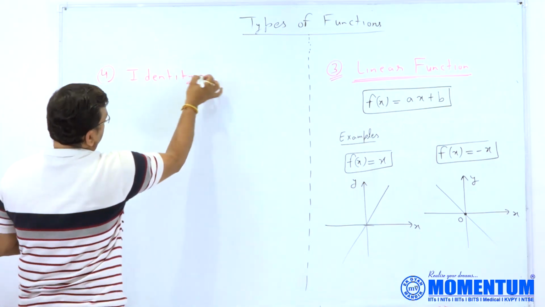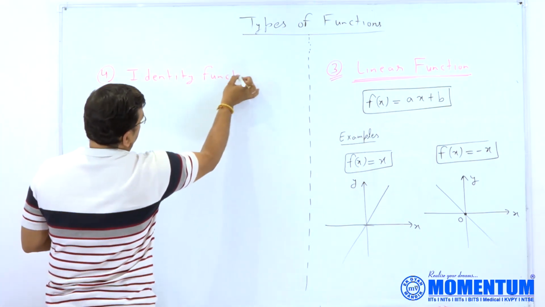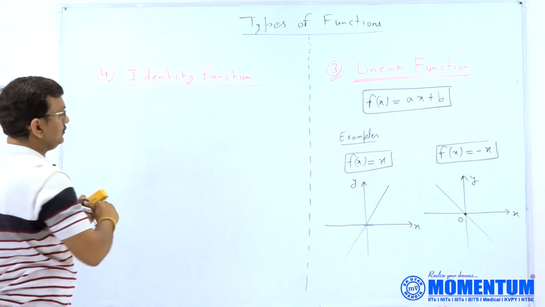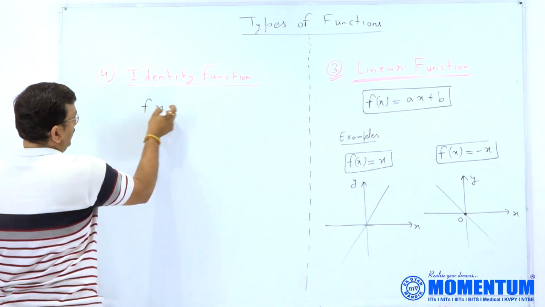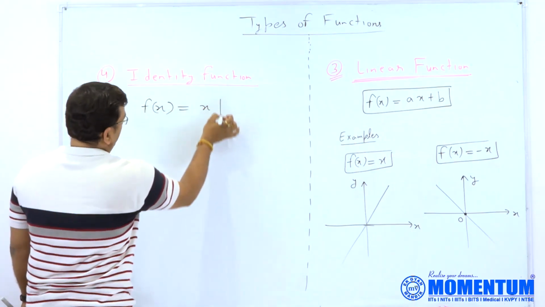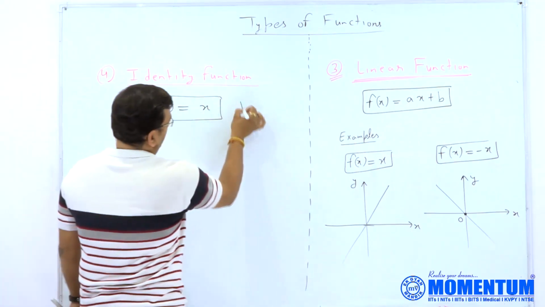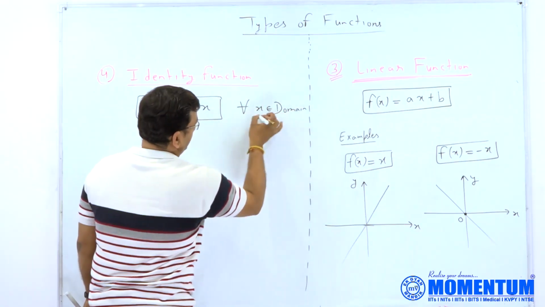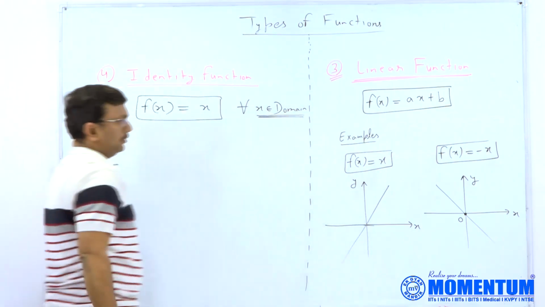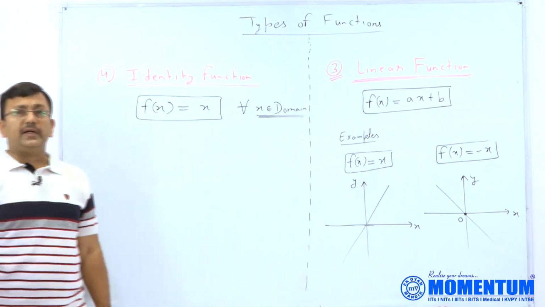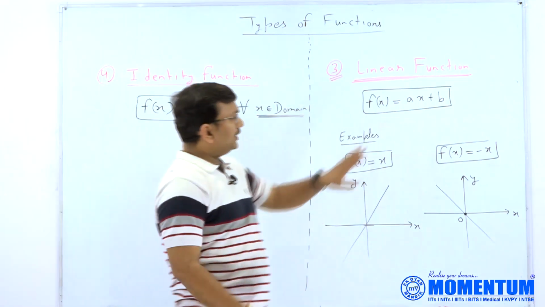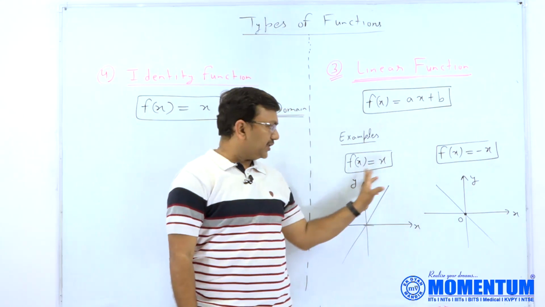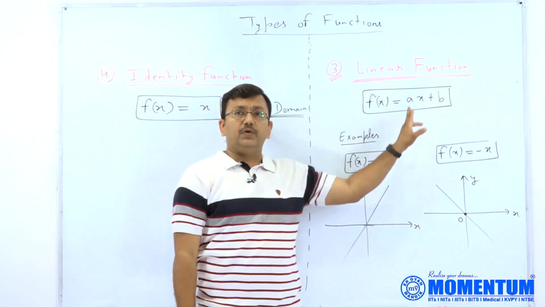Identity function: f of x is equal to x for all x belonging to domain. Now student, don't get confused between linear and identity. For linear function there can be so many examples. f of x equal to x is one example for linear.